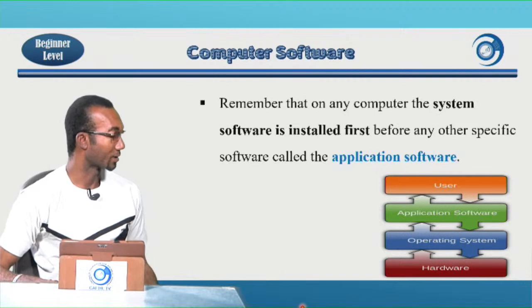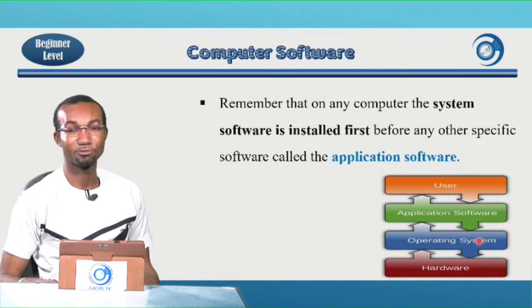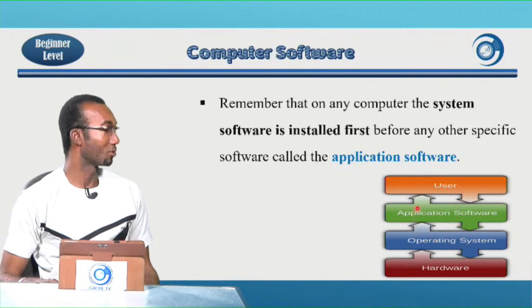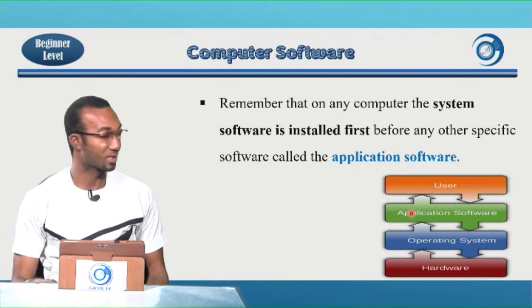So let's look at this diagram here. This is the hardware: your input devices, output devices, storage, and then the system unit. They come here. Then the system software will come. That is the operating system. So that provides a platform on which you can install application programs, and then the user will come.